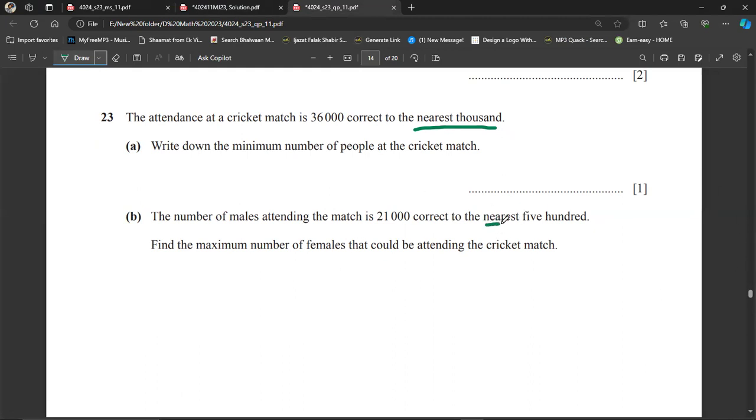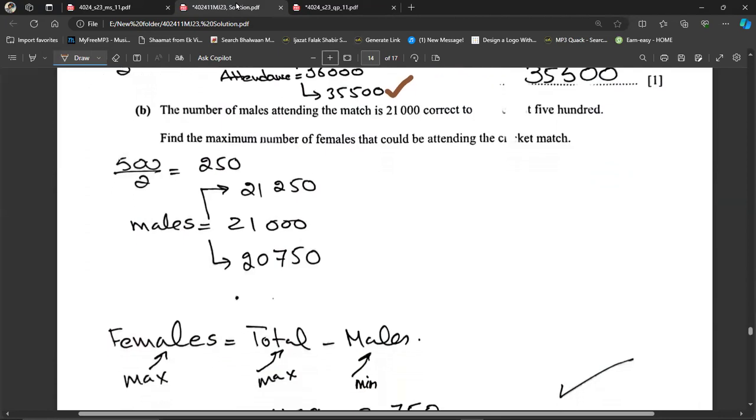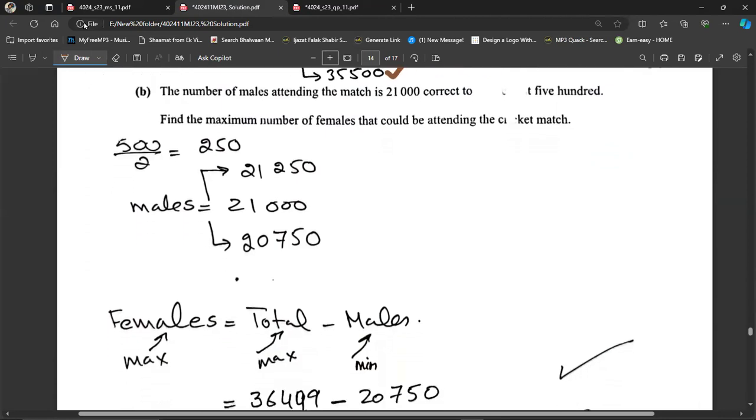The number of males is correct to the nearest 500, so I will divide 500 by 2, you get 250. Males are 21,000, so add 250 and subtract 250 from it, you get 21,250. So this is the maximum number of males, and this is the minimum number of males.